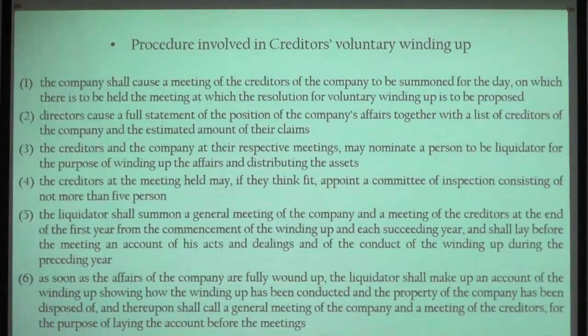Now, if he fails to do so, the Companies Act has imposed certain penalties against the liquidator for his failure to act accordingly. As soon as the affairs of the company are fully wound up, the liquidator shall make up an account of the winding up, showing how the winding up has been conducted and the properties of the company have been disposed of, and thereupon shall call a general meeting of the company and a meeting of the creditors for the purpose of laying the account before the meetings.